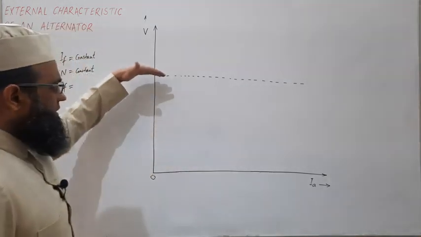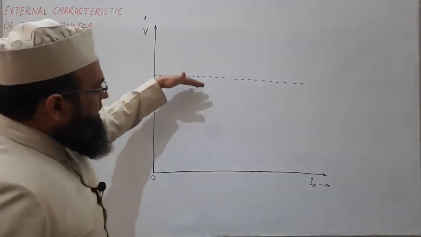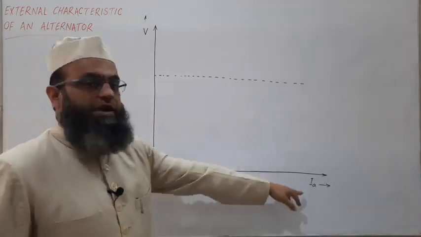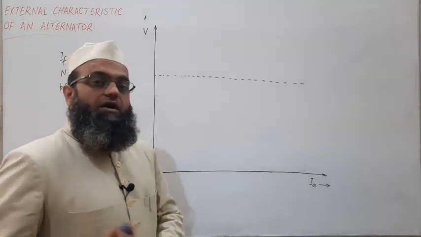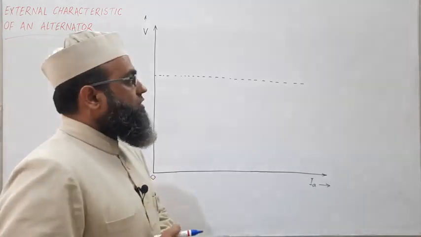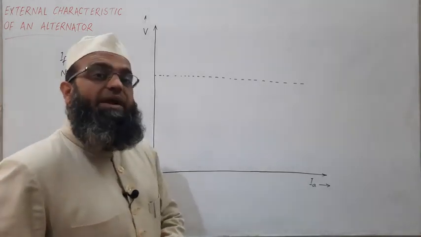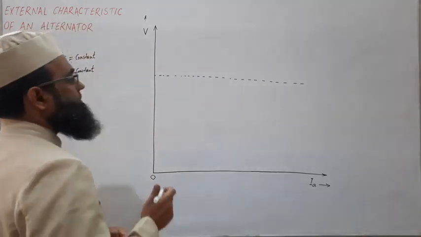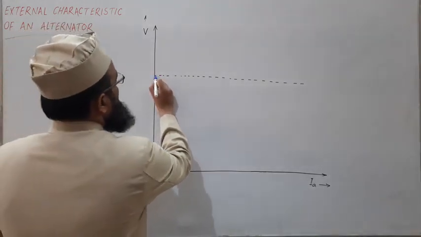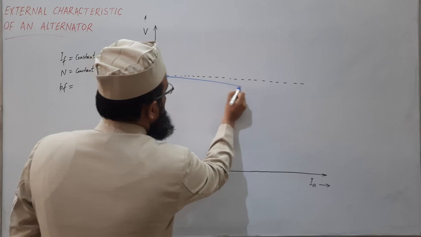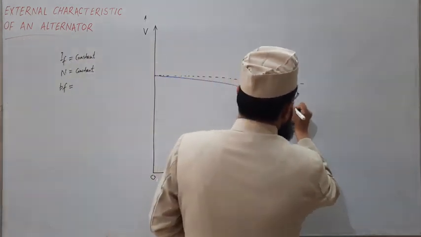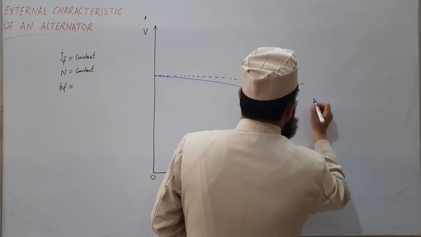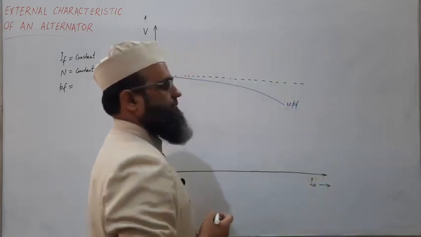So voltage will be down and down with increasing Ia, because Ia Ra drop will increase. Apart from that, the unity power factor load will have cross magnetizing effect. We know it very well in those lectures. So the variation in terminal voltage will be like this. You may write here UPF load, unity power factor load.